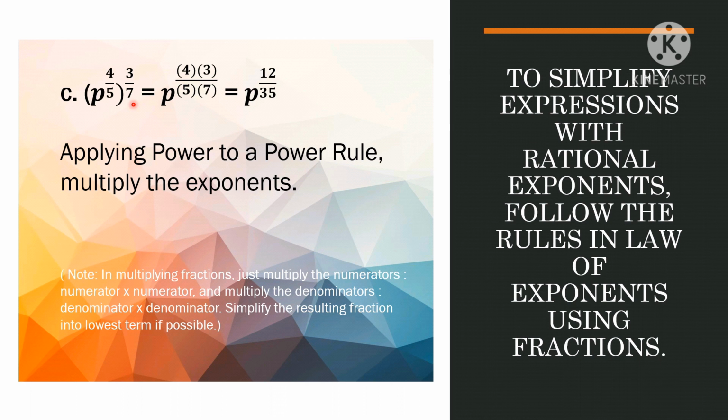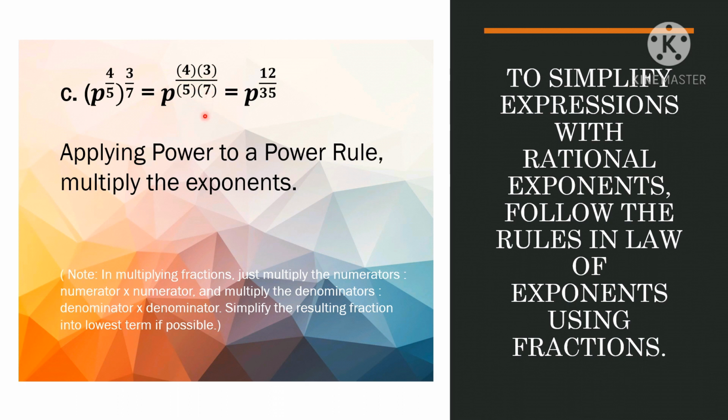So, ang gagawin lang natin dyan, imumultiply lang po natin yung mga exponents na nakikita nyo. So, dalawa lang naman yung exponents natin dito. 4/5, tapos 3/7. So, just copy the given variable which is P, and then multiply the fractional exponents. So, meron tayong 4/5 times 3/7.